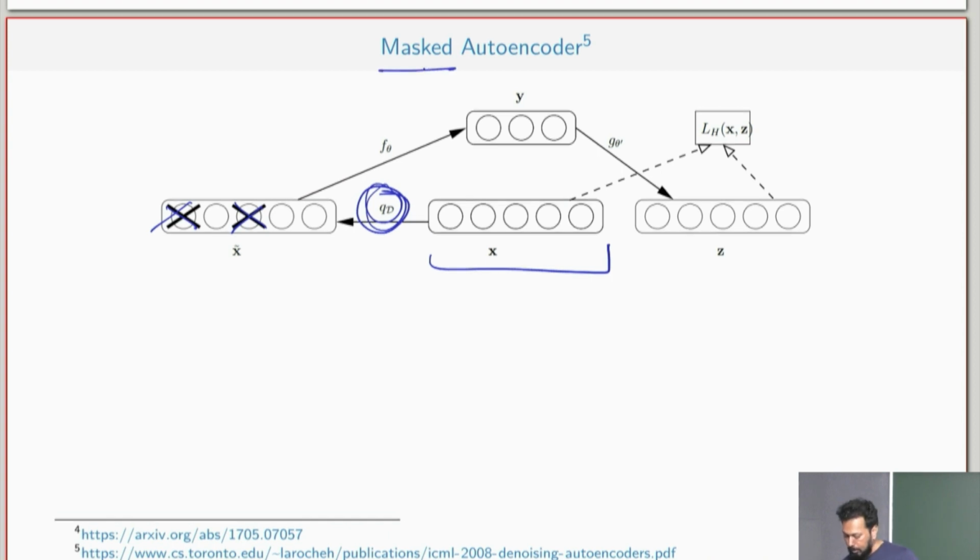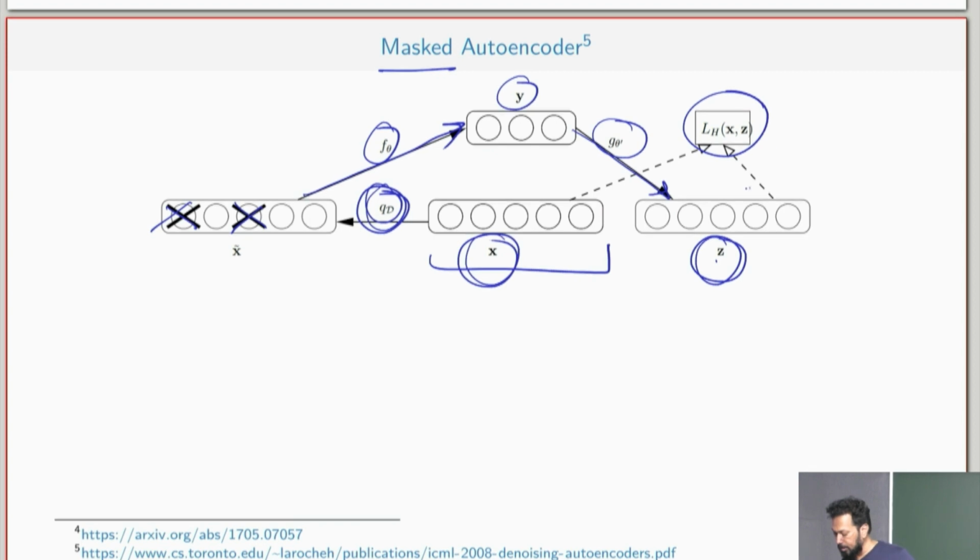Then there is f theta that is trying to do the encoding. So f theta is our encoder, and usually the encoder size is smaller. This encoded value is y, and then we have a decoder, which is g theta prime. g theta prime is now trying to take y back to z. This is our reconstructed image, and this is our input image, and then we have a loss function that will calculate the difference between x and z.